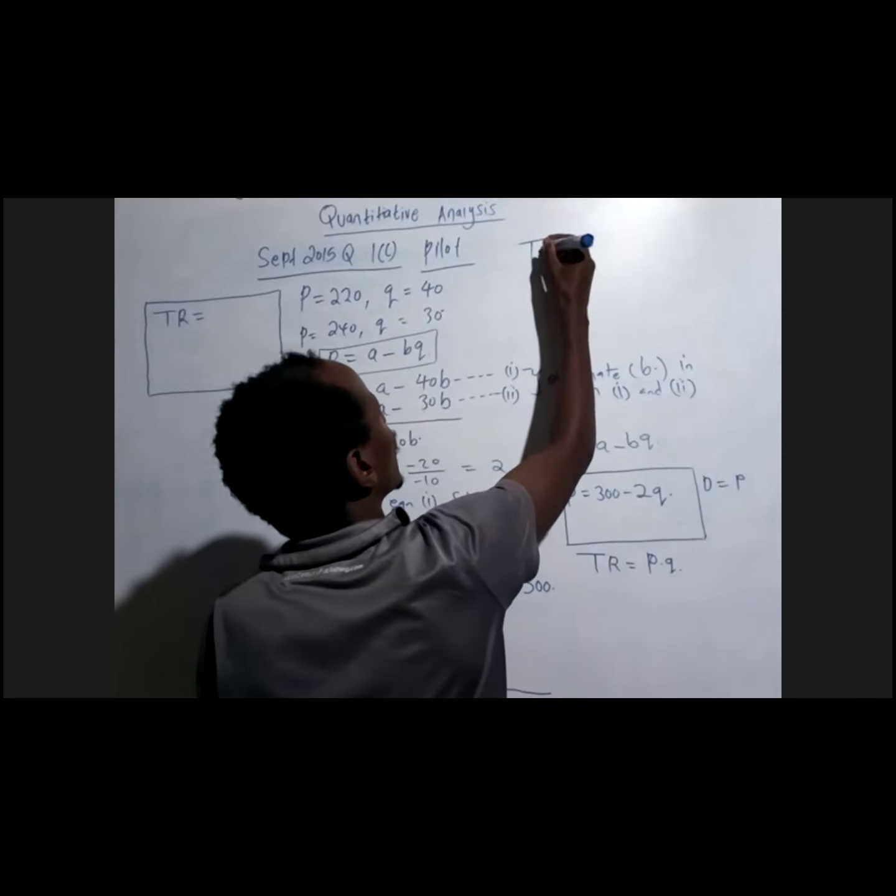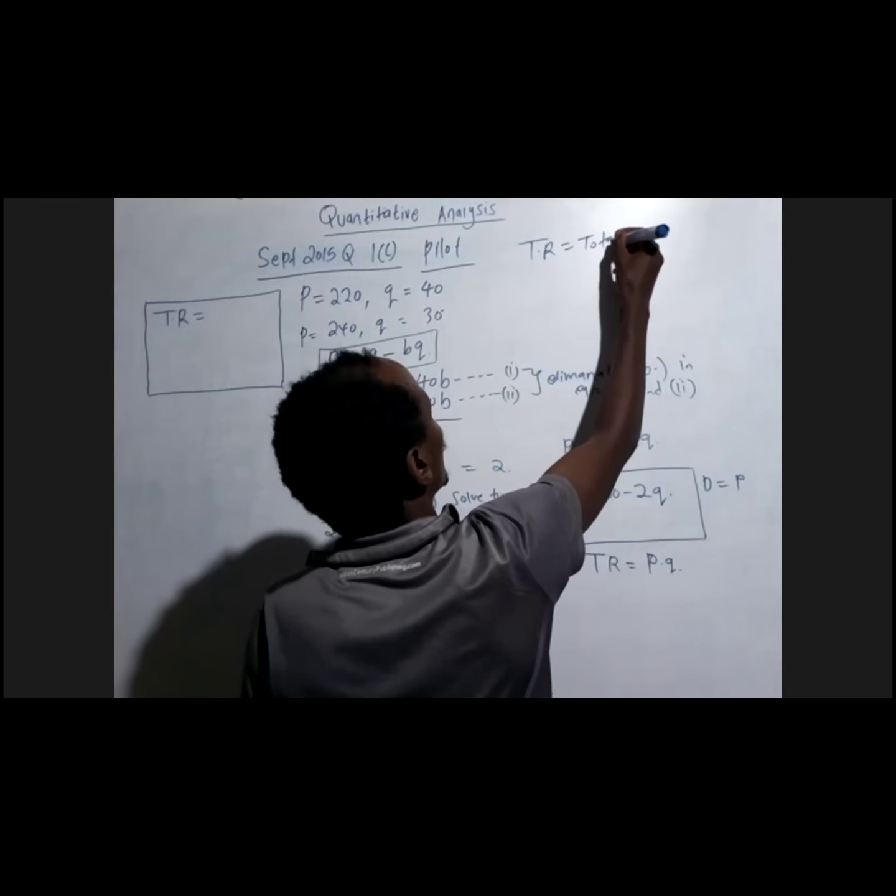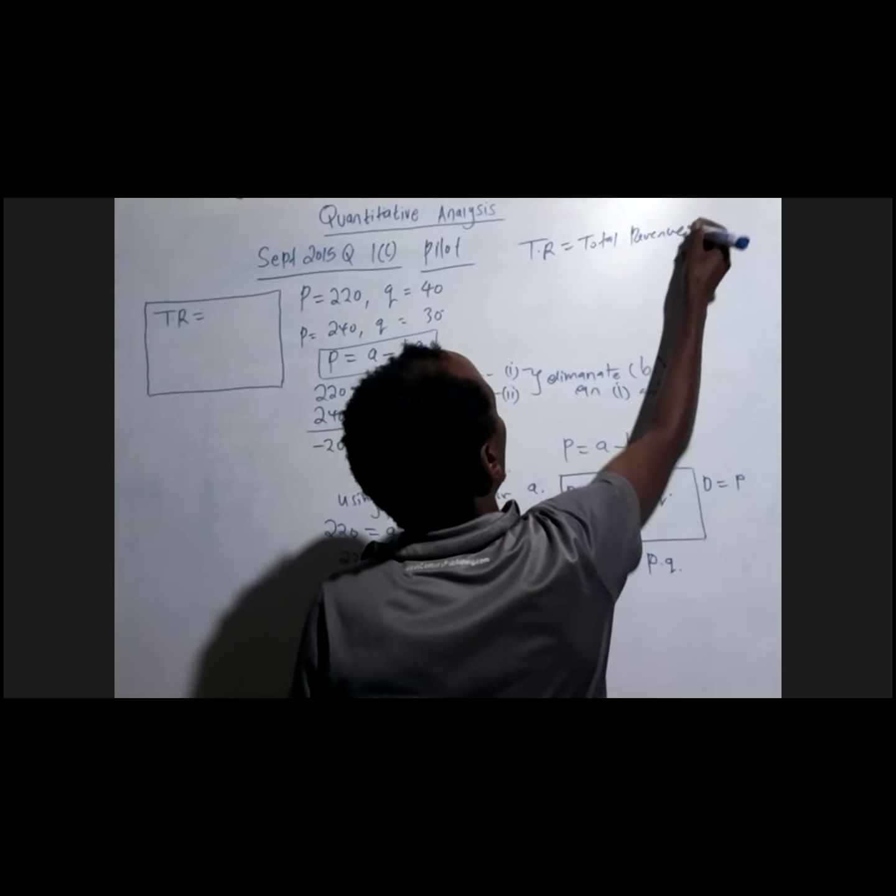TR is total revenue, and we know it is a function of P times Q, where P is price and Q is quantity.